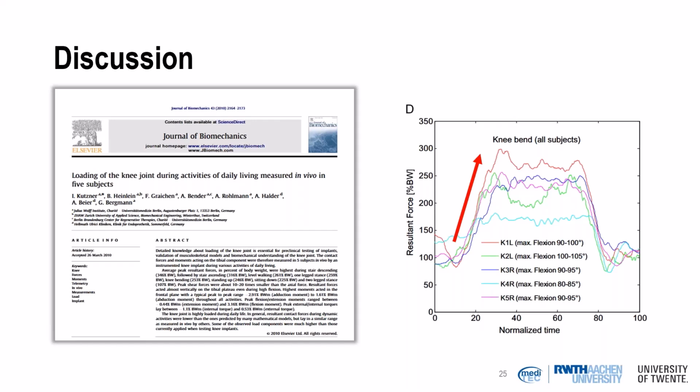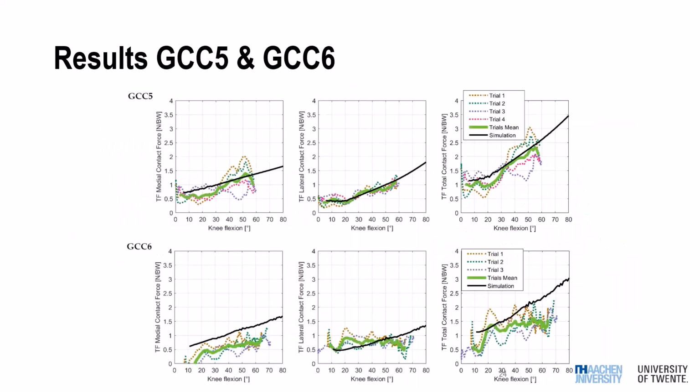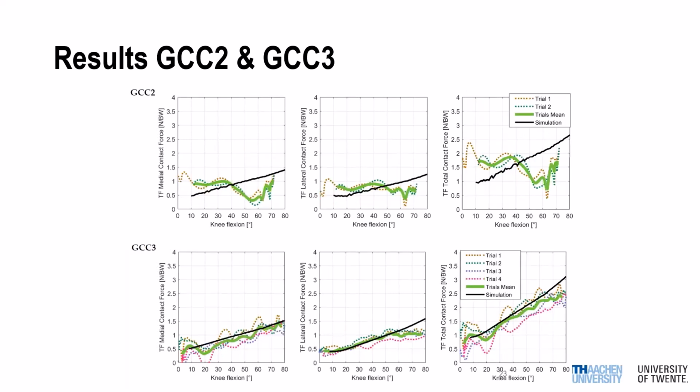So we have an increased muscle activation, which should then lead to higher knee joint forces. In this study, we can see that if this trend is also seen in the experimental data, our simulation captures this quite well. But if this is off, then we also see a difference between experimental data and our simulation.